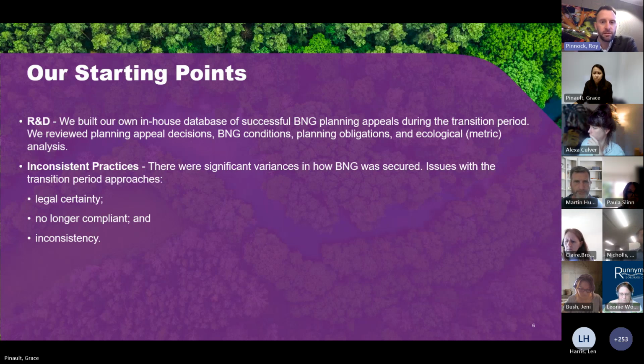And again, that was during the transitional period where BNG was being secured as a merits-based part of the overall offering of proposals, and trying to then look for patterns in that, look at areas where we would want to drive improvement, where we would adopt our own internal template, both for authorities and for developers.